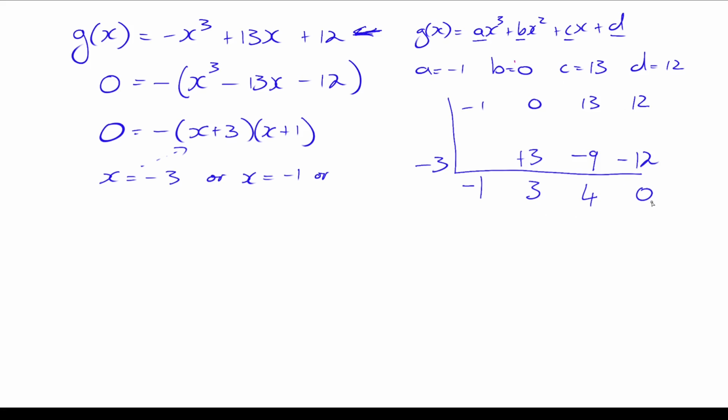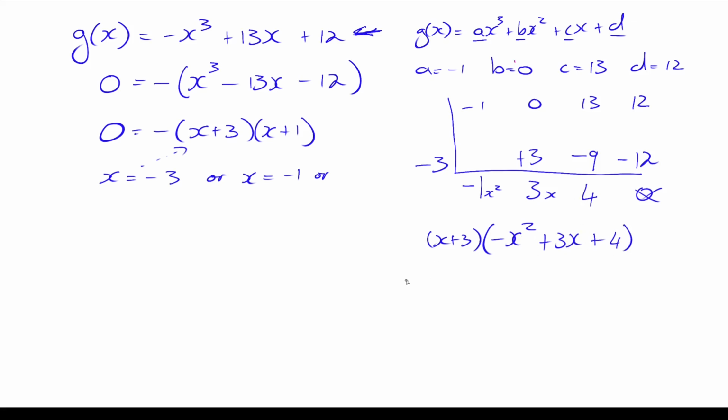So here we have this. Now we know one of our brackets is x plus 3. Our other one, this is for x squared. This one is for x. And this one is the one without an x. This guy's gone. So we have minus x squared plus 3x plus 4.